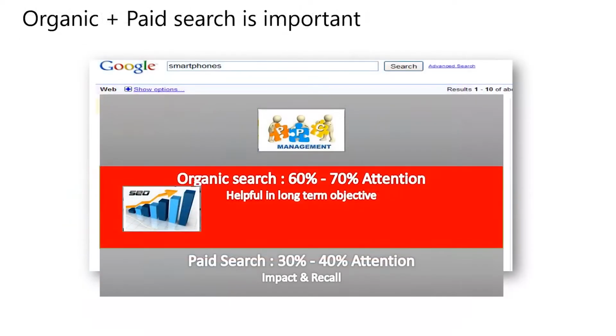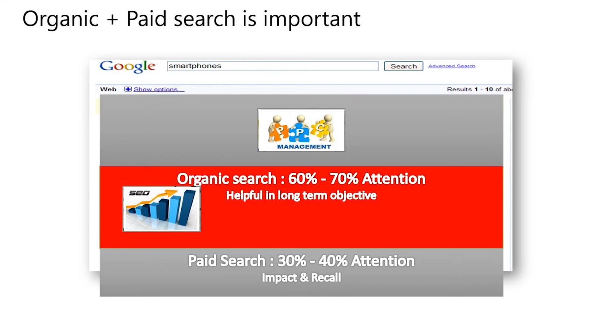So overall, 30 to 40% of people click on the paid ads, whereas 60 to 70% click on the organic search results. And this has decreased over the years, which means for organic search, now more than 50% of all clicks don't go to another website, but stay on Google itself.